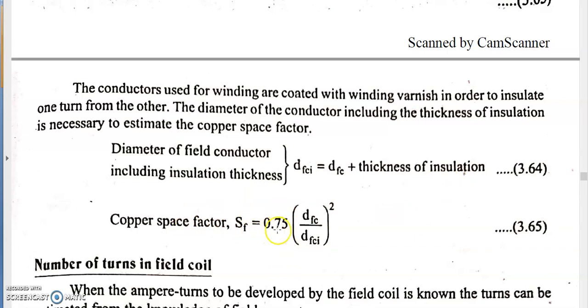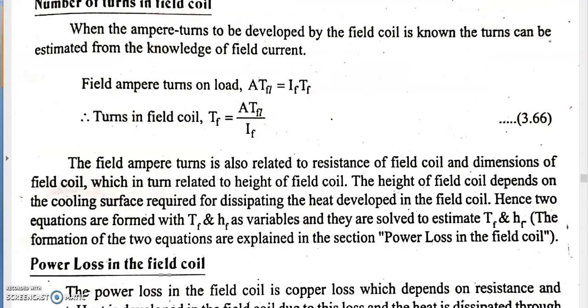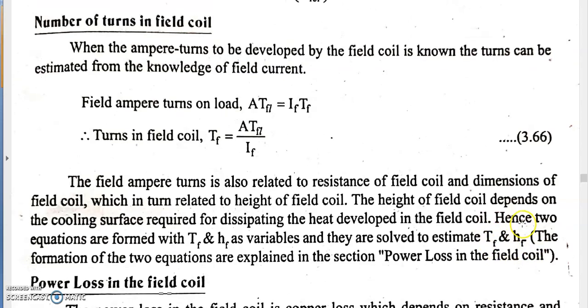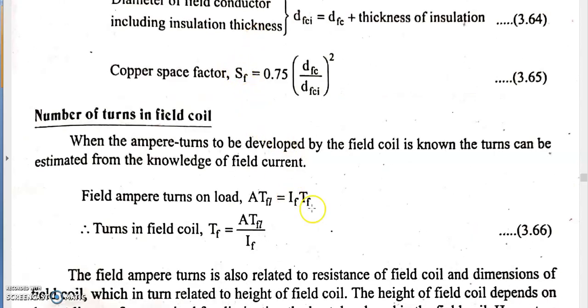If the diameter and insulation thickness are known, we can calculate the copper space factor, and this CSF value will be further used to calculate TF and HF. In the power loss equation we will be substituting the CSF.